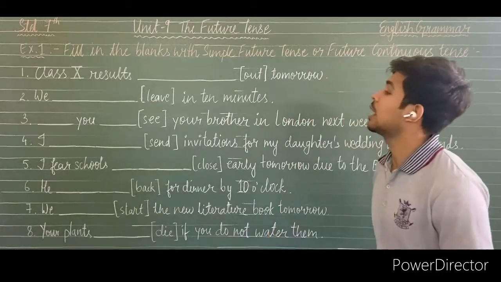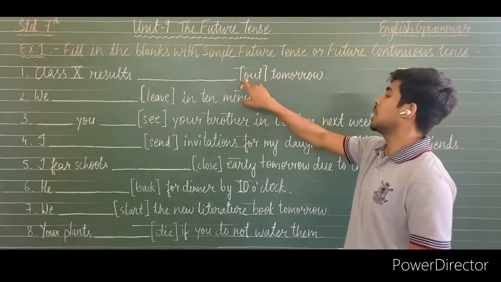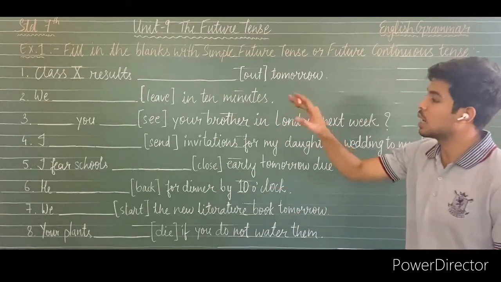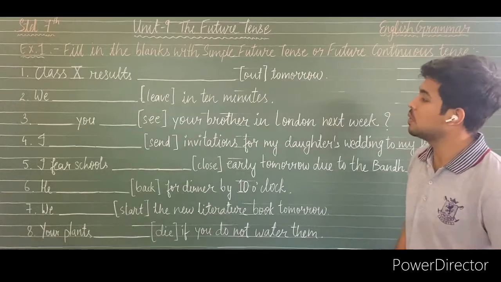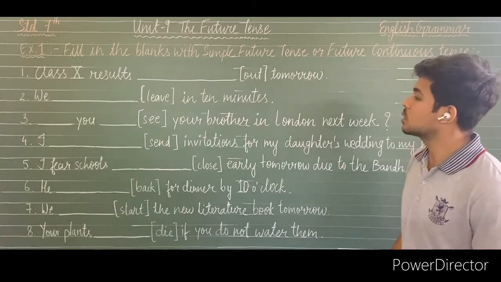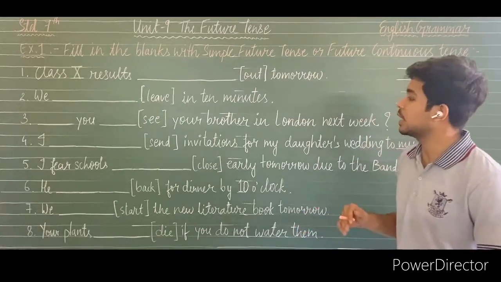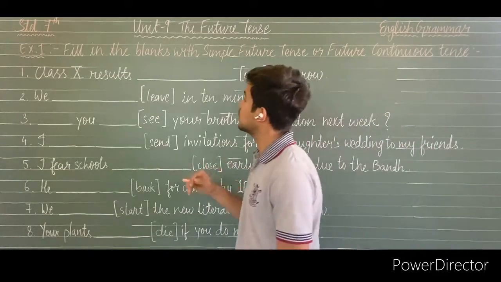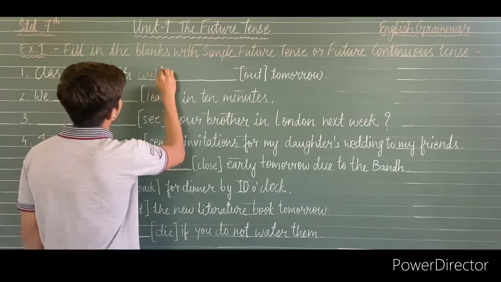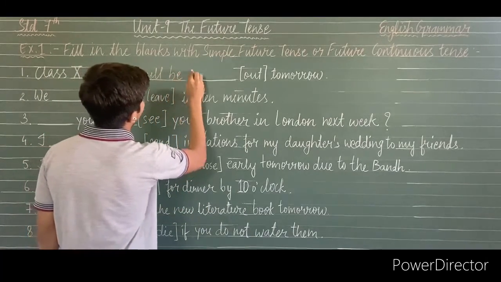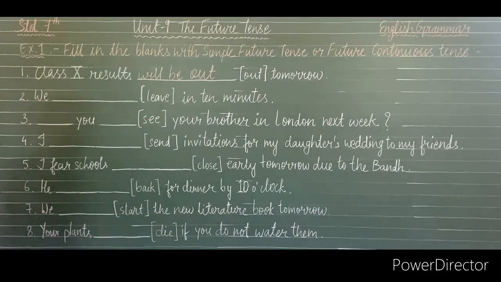First one: class 10th results blank, and in brackets we have out, tomorrow. Class 10th results blank tomorrow. So here we will use the will be form of the simple future tense: class 10th results will be out tomorrow.